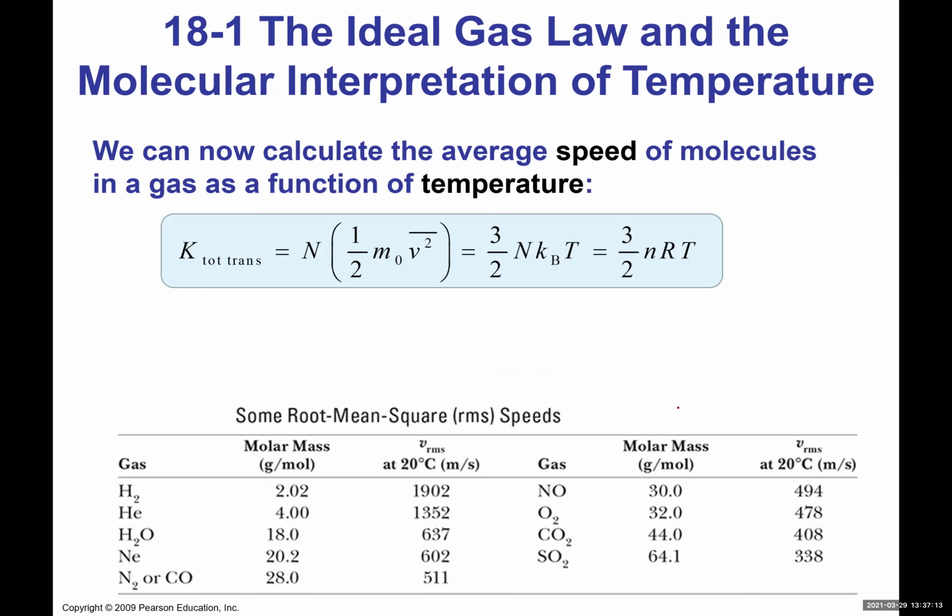There are two versions of the total translational kinetic energy, so try not to confuse it with the average translational kinetic energy. There's a factor of N: this is the average, and the total is N times that average.